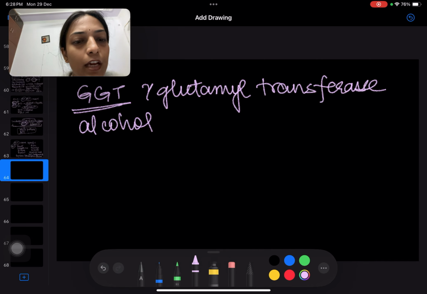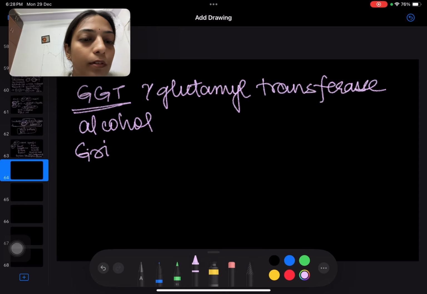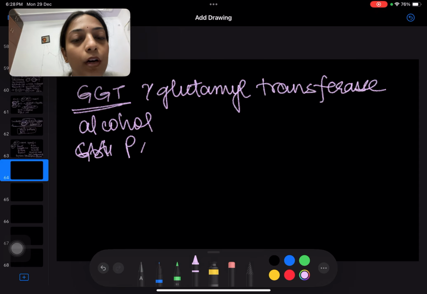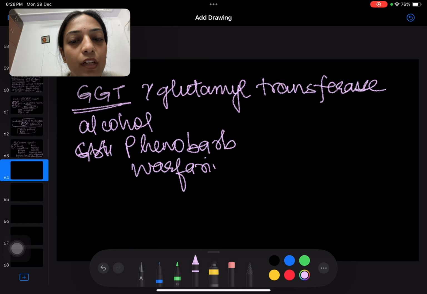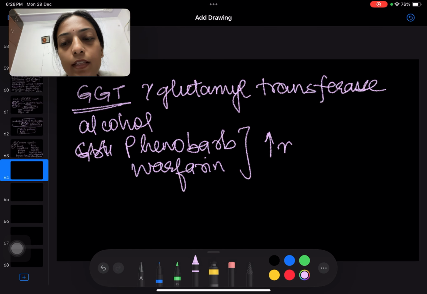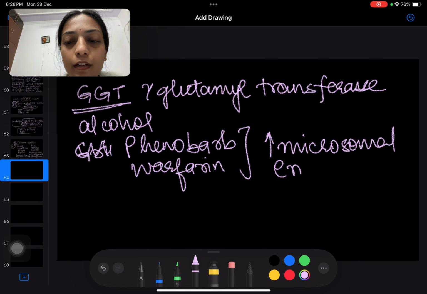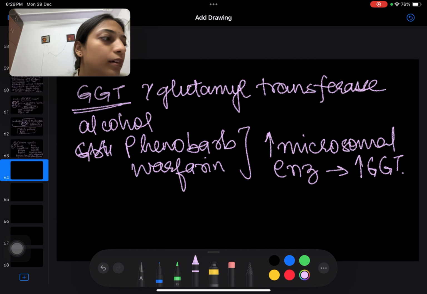It is also increased by inducers. We know about enzyme inducers, right? So if there are any enzyme inducer drugs like phenobarbitone, most important, warfarin, these will increase microsomal enzyme activity, and whenever microsomal enzyme activity is increased, it causes raised GGT levels in the blood, right?